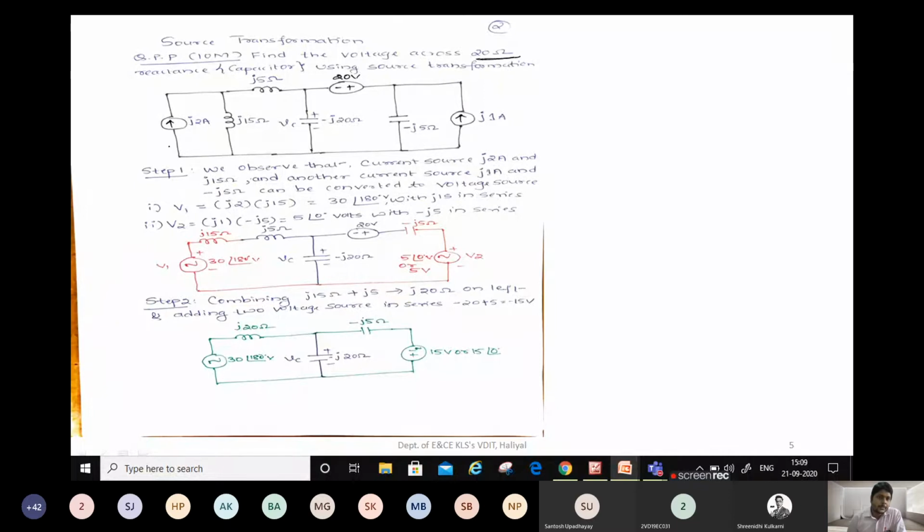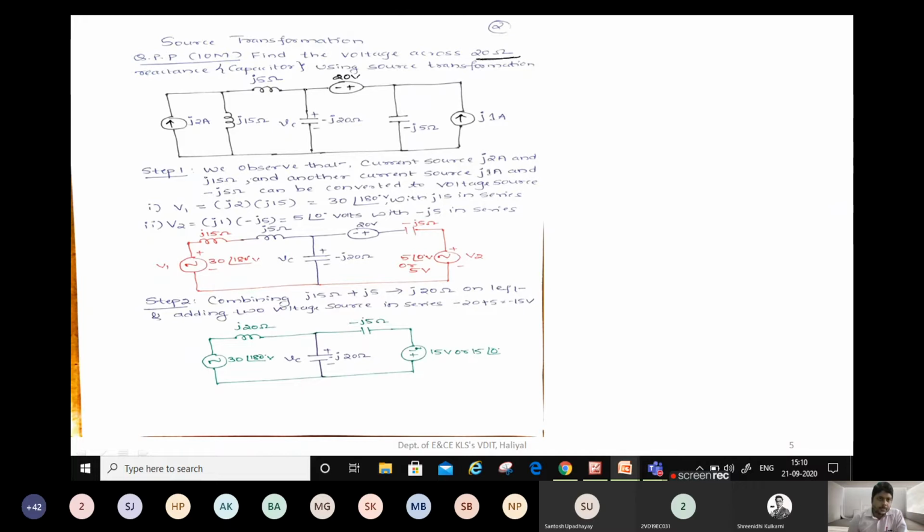We have 2 current sources and 1 voltage source, and there are 4 passive elements. The problem is to find the voltage across the 20 ohm reactance, or the voltage across that particular capacitor.